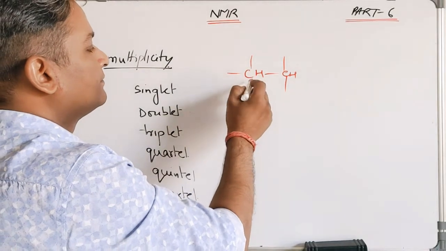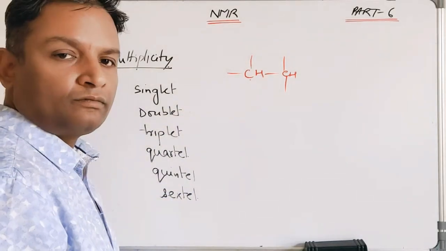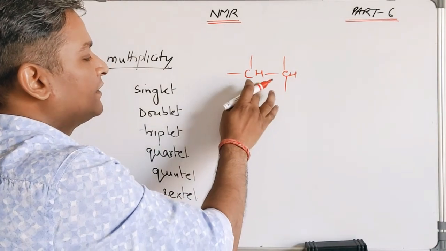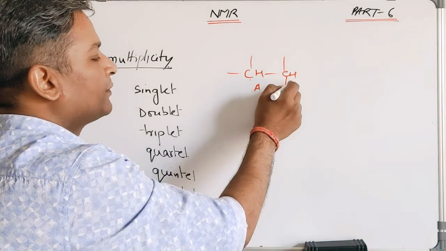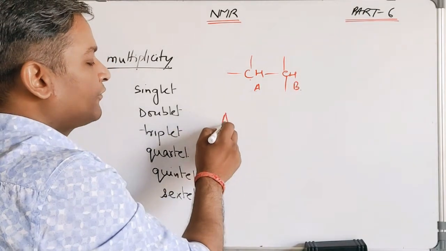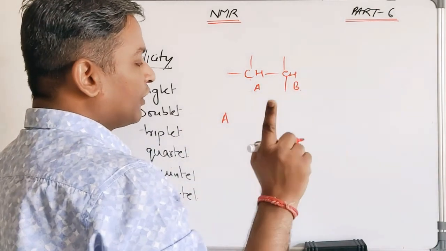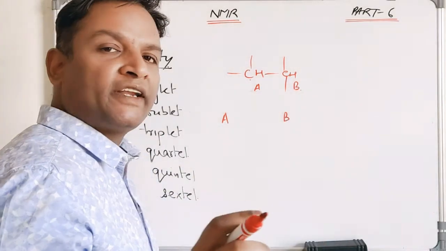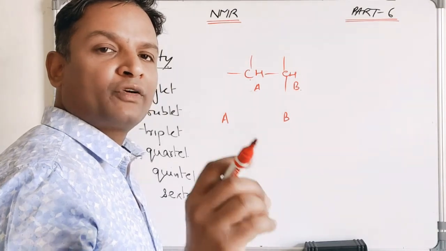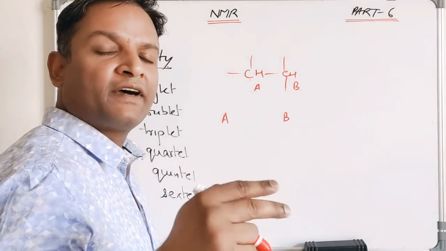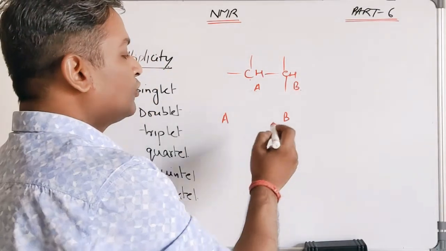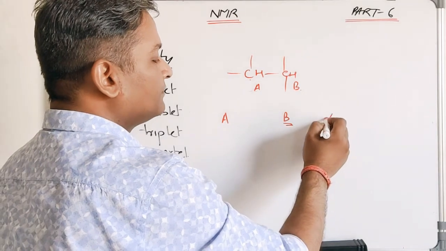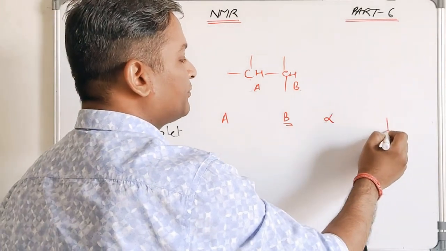Suppose this is proton A and this is proton B. Proton A has one neighbor, which is B. I have told you that B is a proton, and a proton can adopt two different orientations: one orientation is alpha and the second orientation is beta.